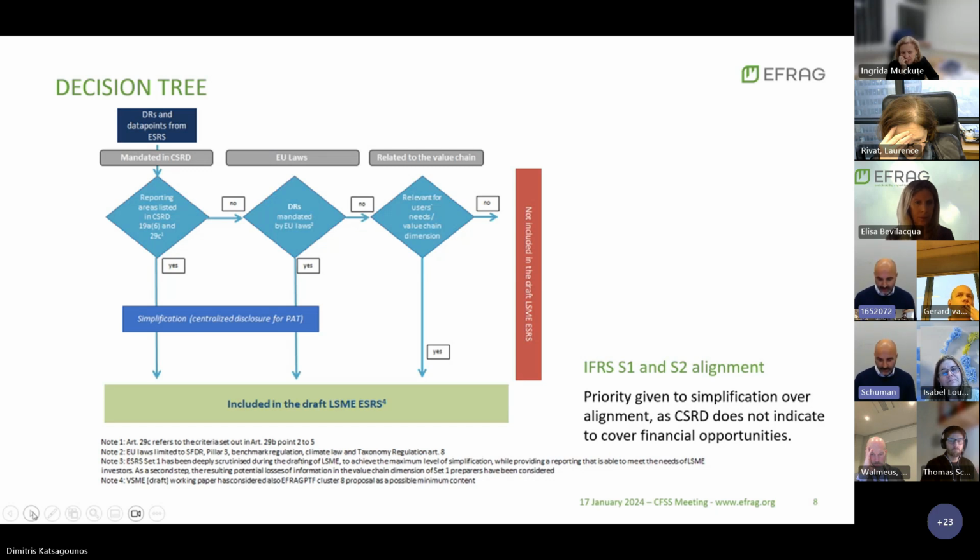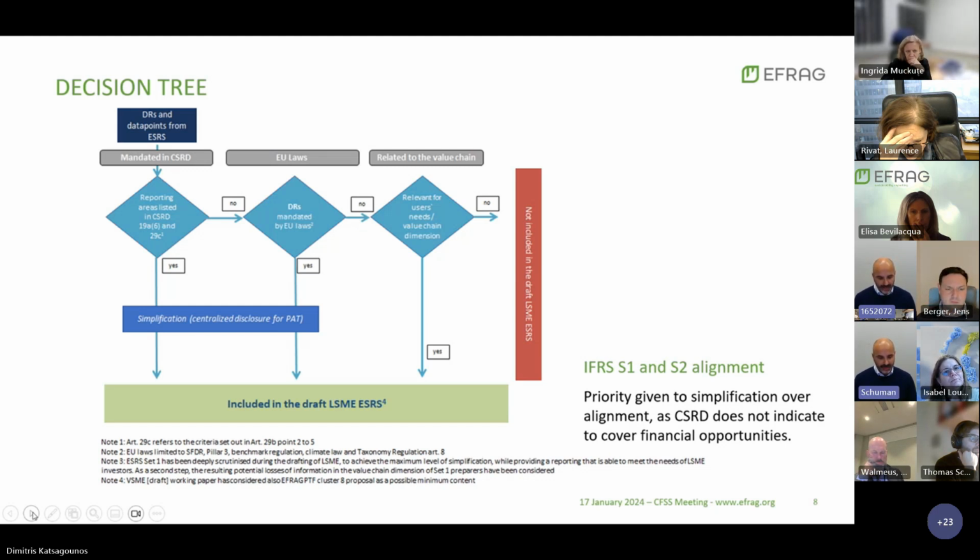As you can see from the graph, the evaluation elements in this decision tree are reporting areas listed in CSRD Articles 19a, 29b and 29c. These are the specific CSRD articles addressing LSMEs.